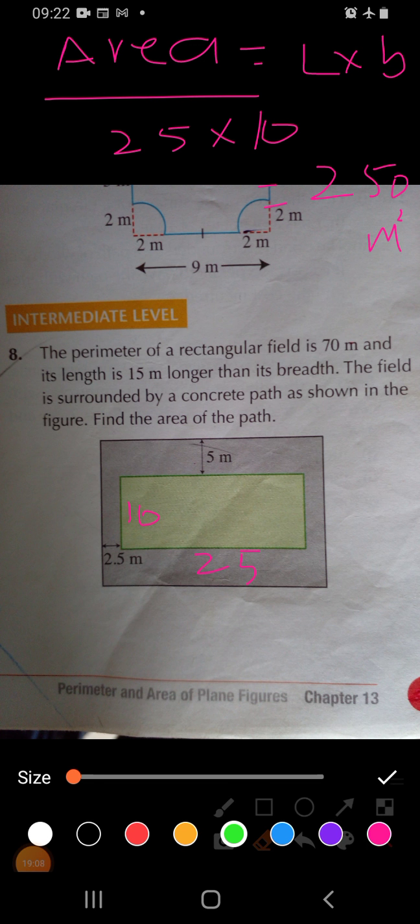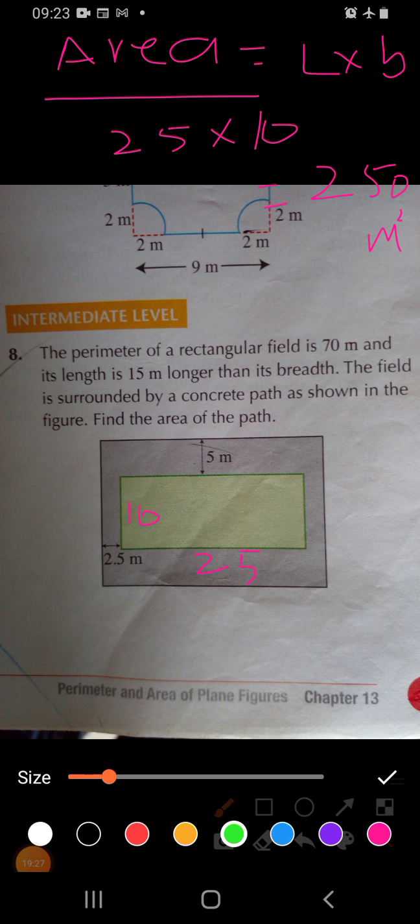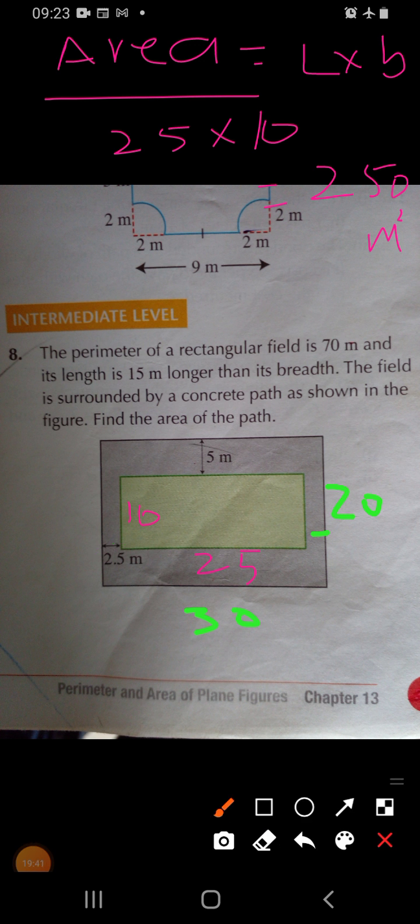This one is 20, and this is 30. 25 plus this part and this part, 2.5 plus 2.5 is 5. Okay, so this is the length.